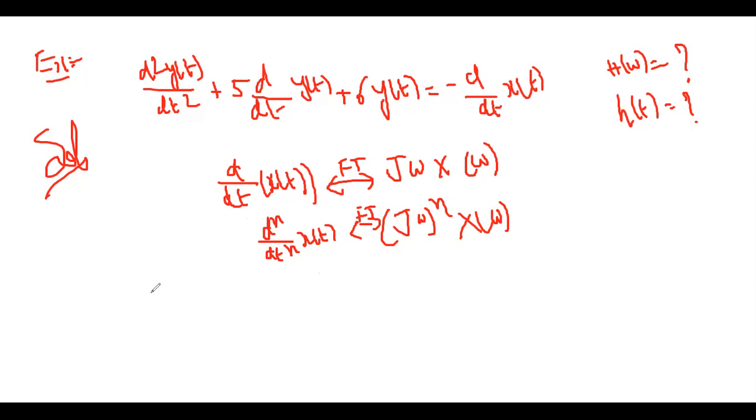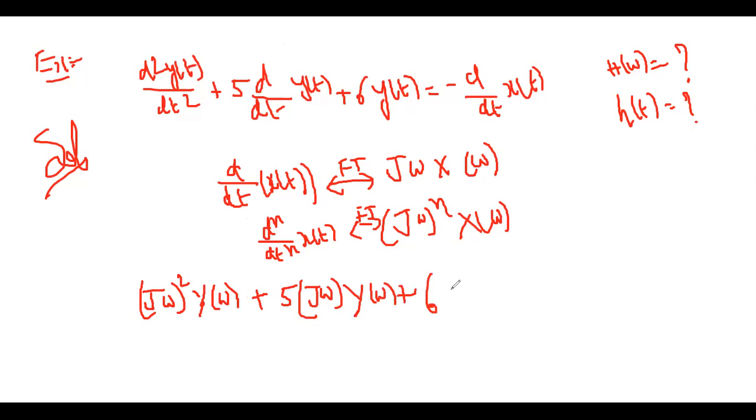The second derivative means the Fourier transformation is j omega whole square, because we are applying for the y of t signal, Y of omega, plus 5 into d by dt, the first derivative, j omega into Y of omega, plus 6 into Y of omega.